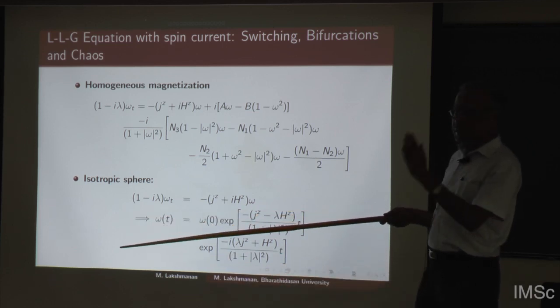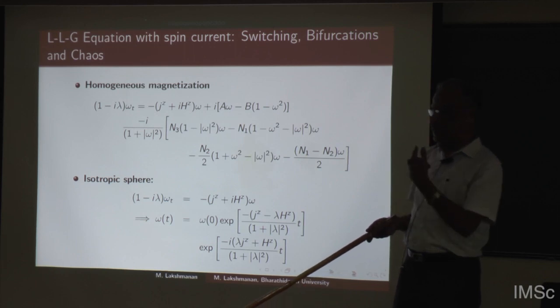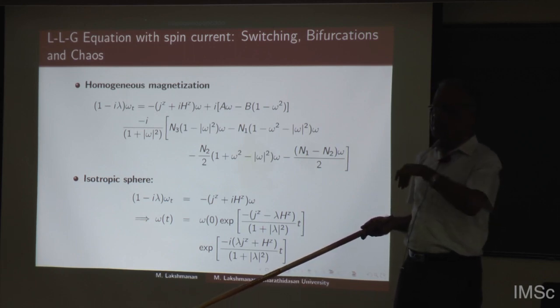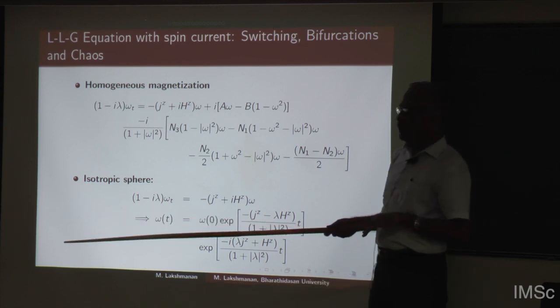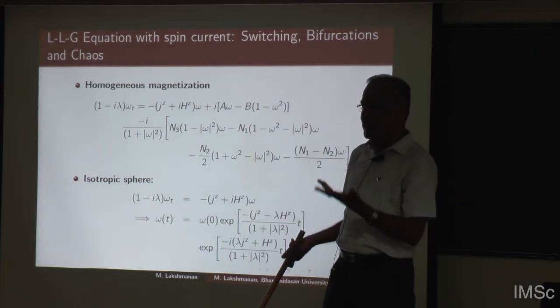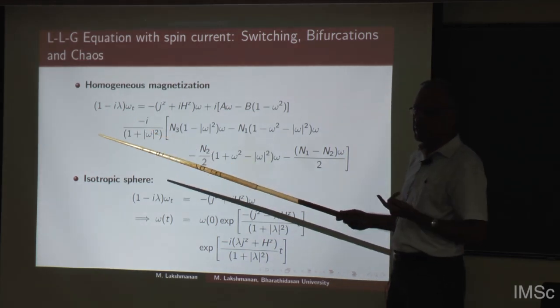Typically, you assume that in the film, in the cobalt thin film, the spins are homogeneous. That means spatial variations you neglect, in which case you have a single domain. So all the spins are evolving identically.